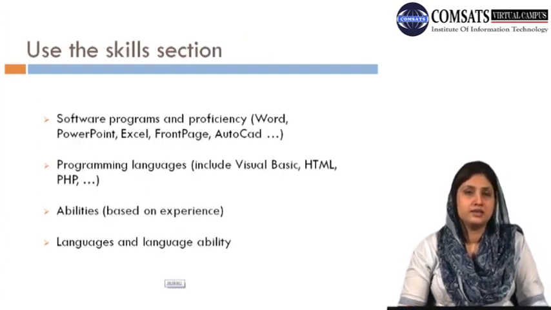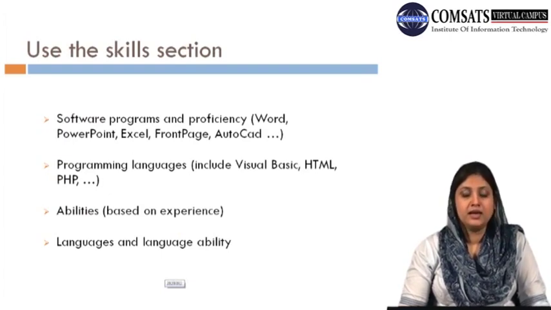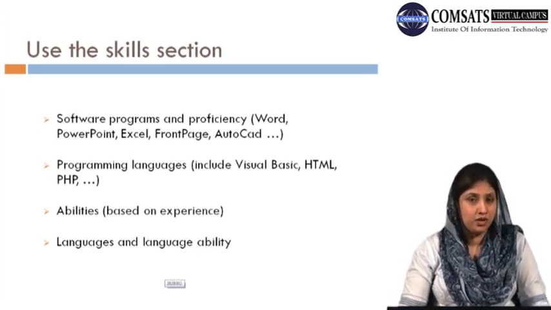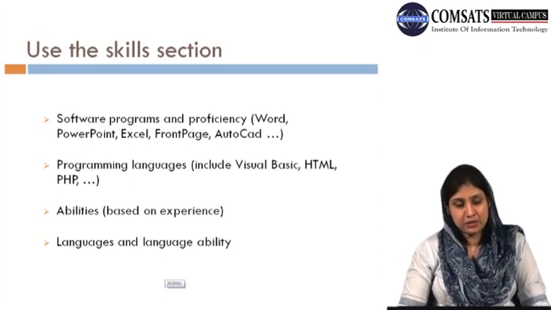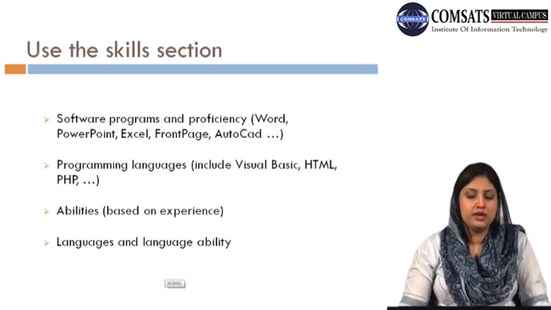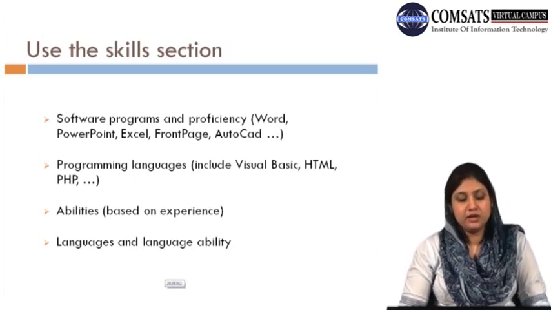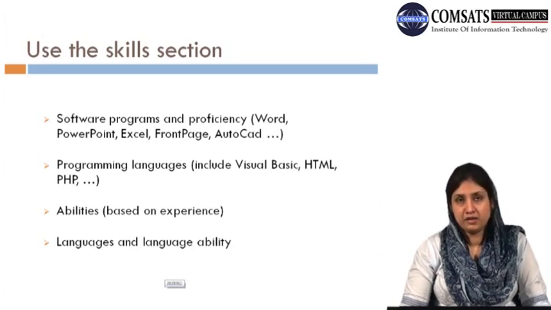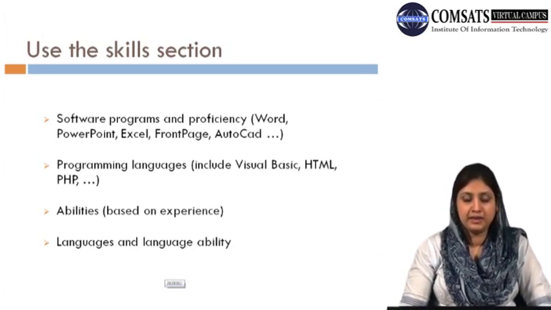Now use the skills section very intelligently, because this is a section where you can differ and stand out among the other candidates. So if you're a software programmer, list software programs and proficiency: I have Word, PowerPoint and Excel and FrontPage and AutoCAD competence, like I'm well versed with that.